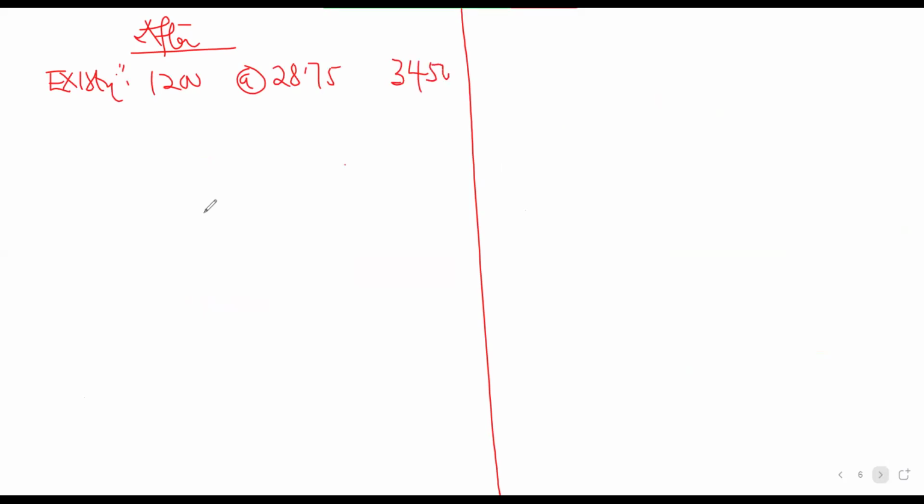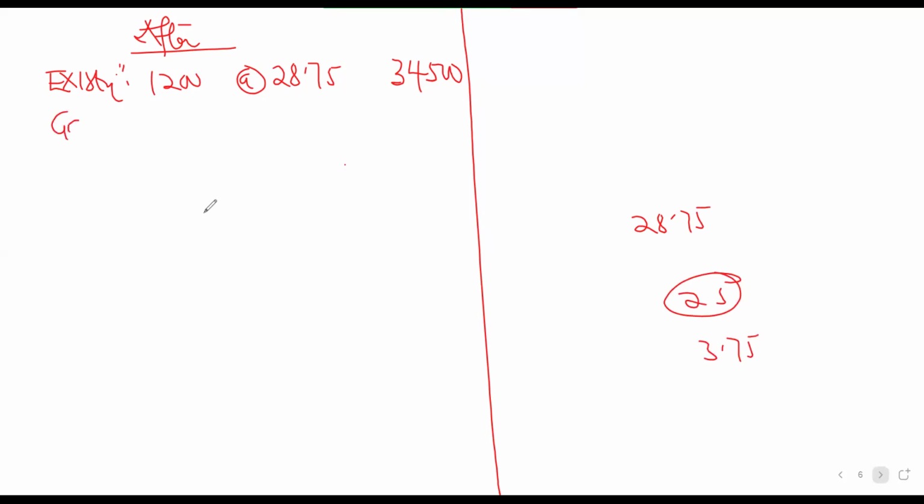Are we correct? Okay. Let's come here. If he renounces all, he will be getting a gain. He will sell it for 28.75, isn't it? Yes. So it means that he will get his 25 together with the gain of 3.75, isn't it?